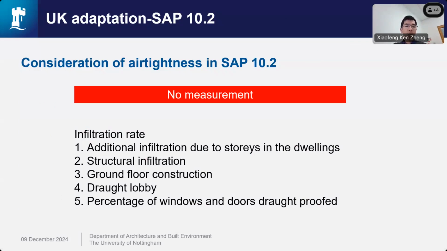It depends on the number of storeys in the dwelling, the structure of the building, whether the ground floor construction is a certain type, whether the building has a draught lobby, and the percentage of windows and doors that are draught proofed. Under the new future home standards, this approach will likely become obsolete since airtightness testing will be required for all new dwellings.